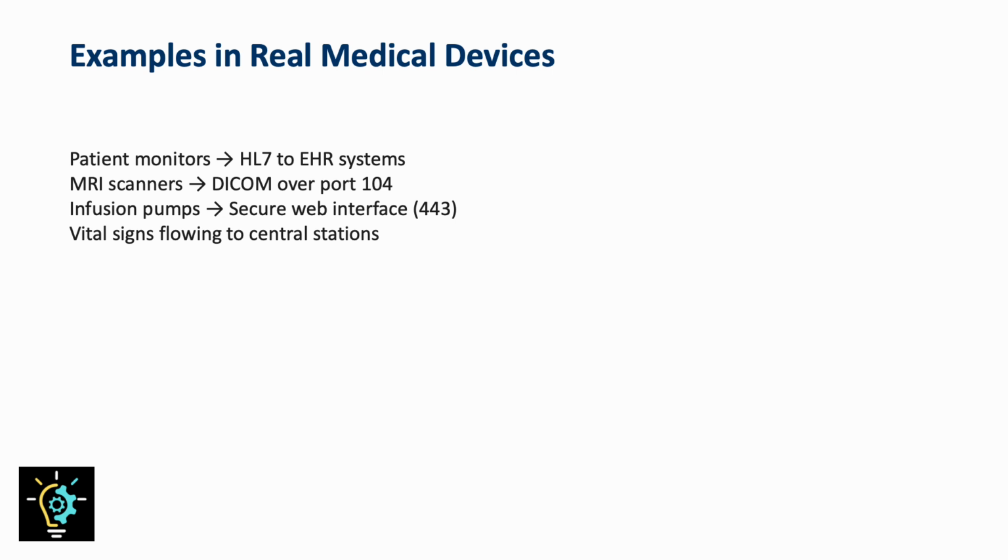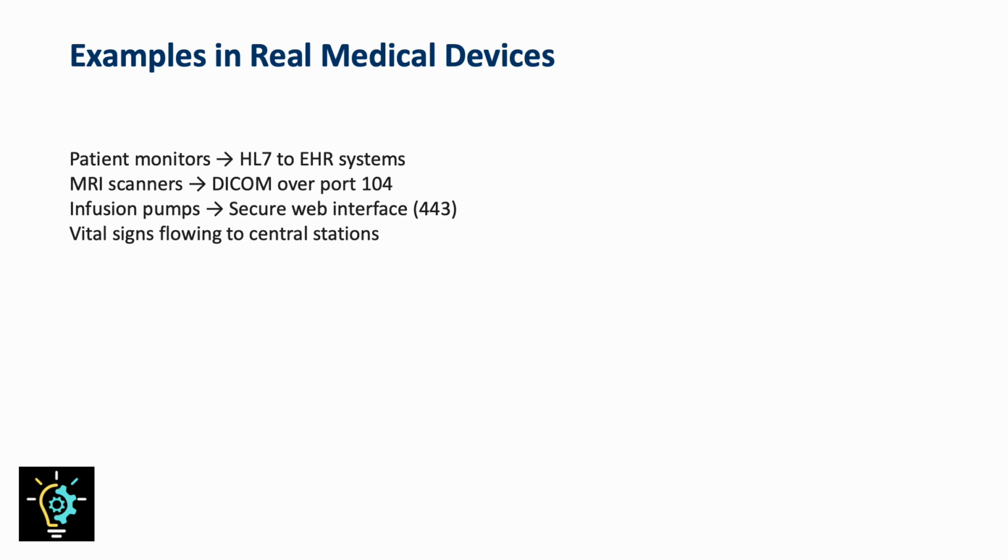Here's where it gets real. Examples in action: a patient monitor sends vitals through HL7 messages to an electronic health record system. An MRI machine uses DICOM over port 104 to transfer images to a radiology workstation. Infusion pumps connect via secure web interfaces on port 443 for remote monitoring.